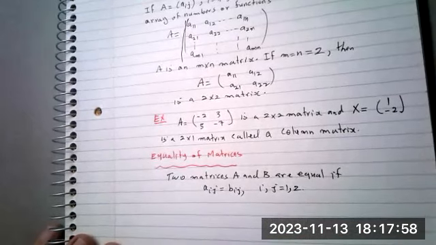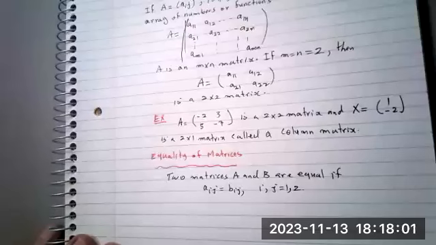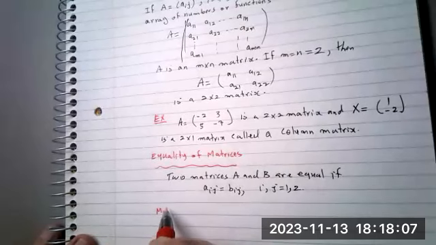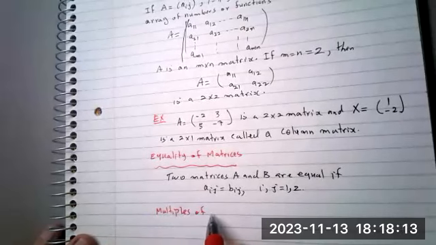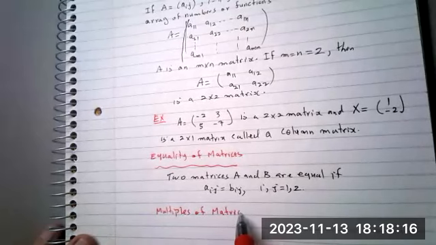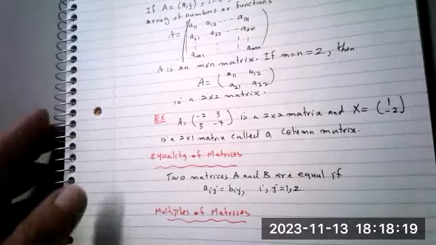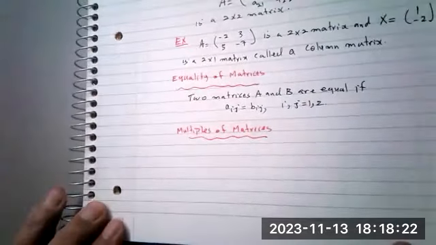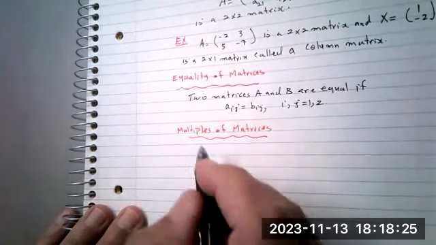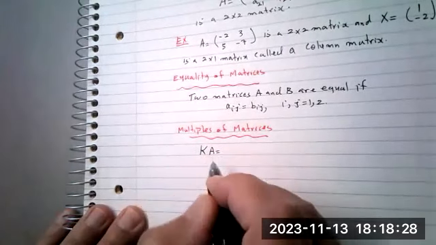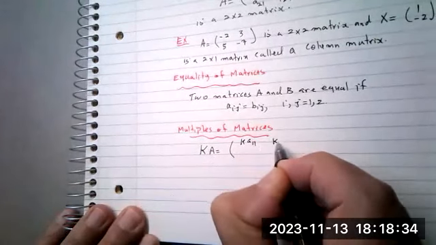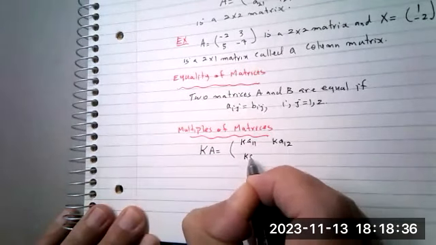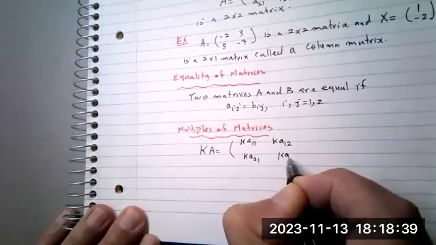So this is equality. Then the operation that we are going to use if you want to multiply by a number: multiples of a matrix. If you want to multiply by a constant, you multiply all the entries. If you want to multiply k times A, you simply multiply each entry by k: kA11, kA12, kA21, and kA22.